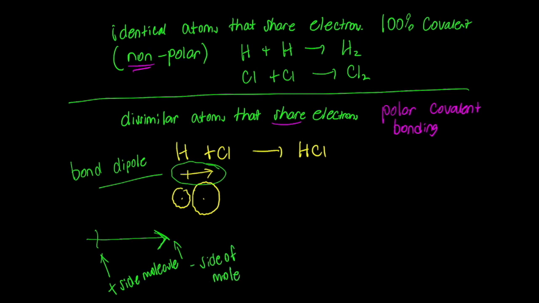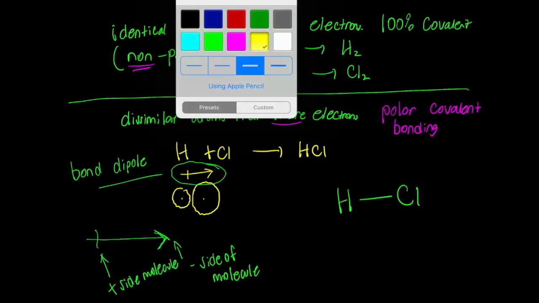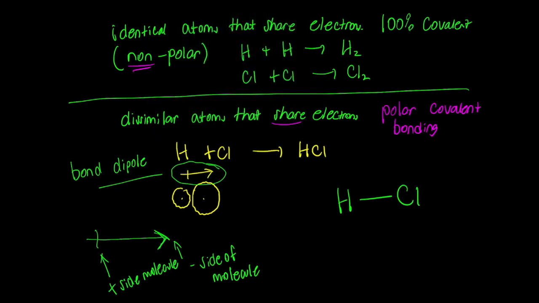Now we can also represent this with Greek letters. We can draw out the bond right there. We'll talk more about the nature of that line and what that line really means. But we can write delta plus and delta minus. Now delta means partial, okay? It indicates the polarity of the HCl bond, okay?